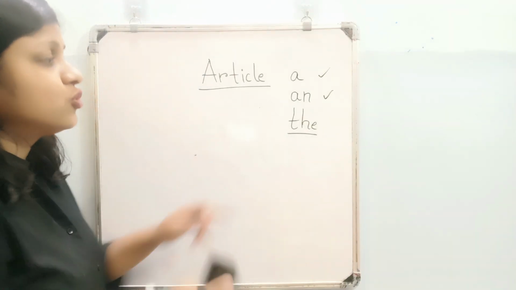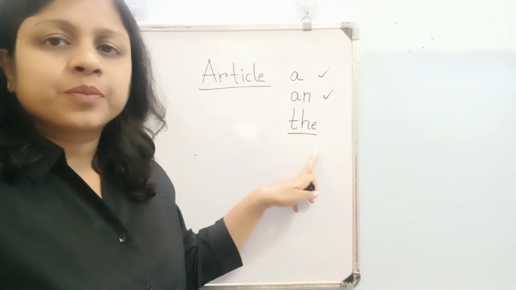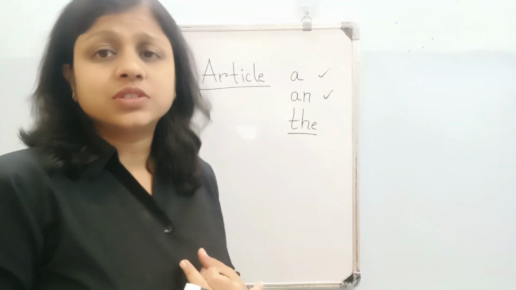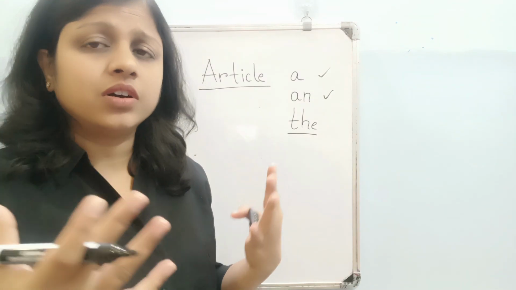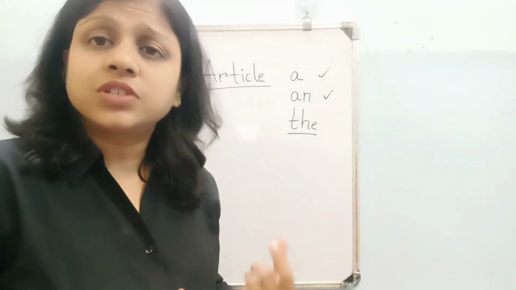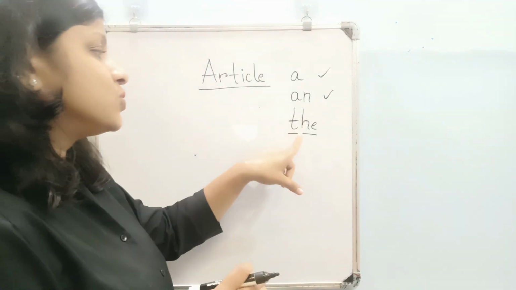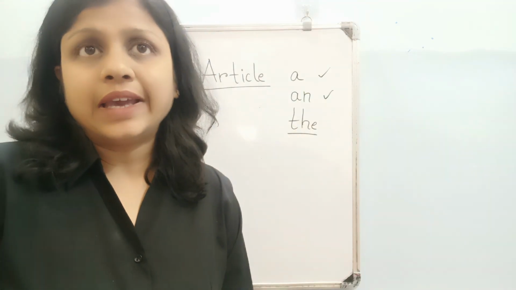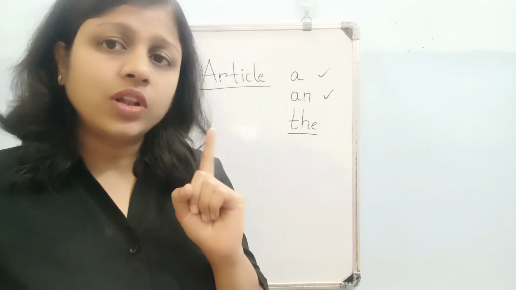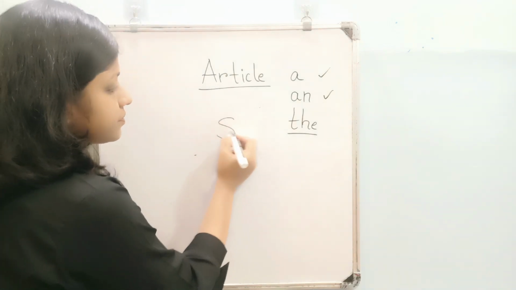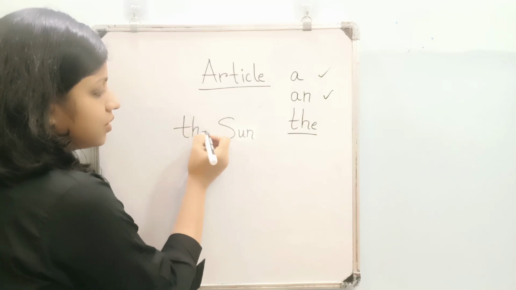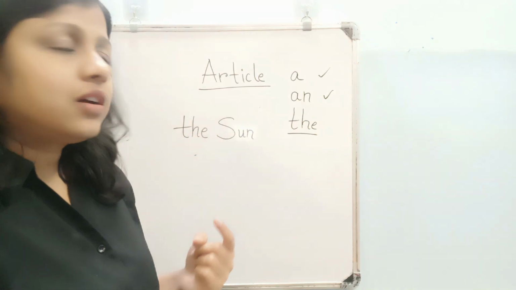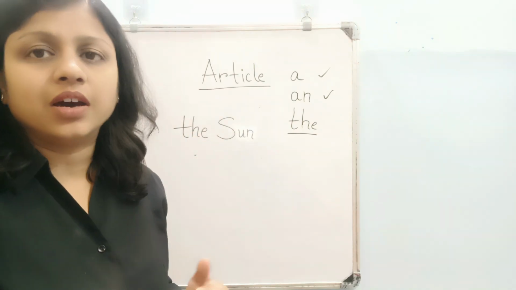Now, when to use the article the? If we are talking about something which is unique, which is only one in this world, or we are talking about something particular, we use the article the. Like sun. There is only one sun, so we say the sun. Like Himalayas.